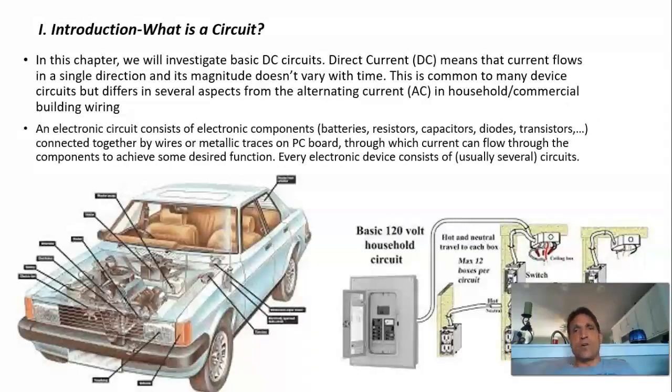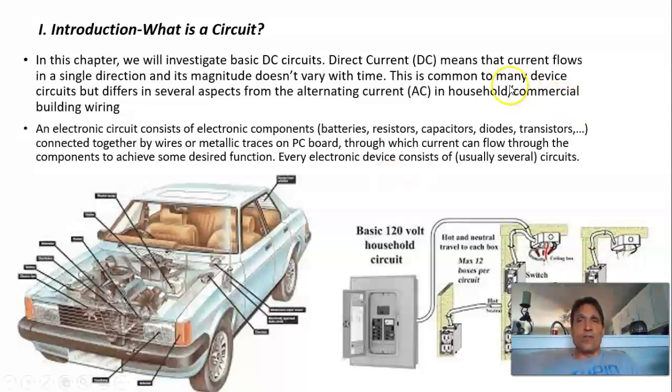If you look on the power supply for your laptop or other things, you might see 5 volts DC, or 12 volts DC on your car battery. DC is the acronym for direct current. What direct current means is it's just a circuit where the current only flows in a single direction and its magnitude doesn't change with time. In other words, it's a constant.